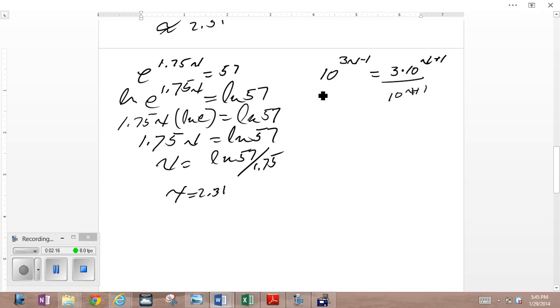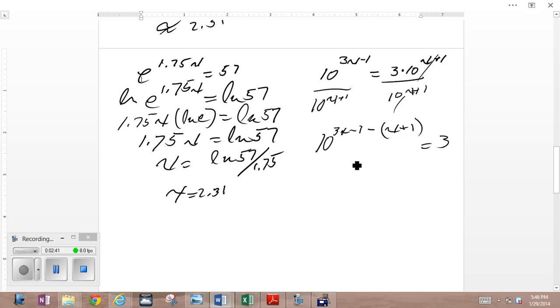And you'll say, why that? Well, because they are of the same base, and therefore we can just subtract the exponents. We get 3x minus 1 minus the exponent of the denominator, x plus 1. And all we're left with over here is 3.